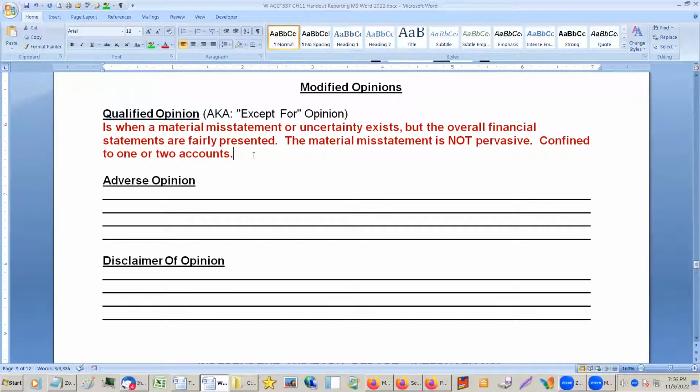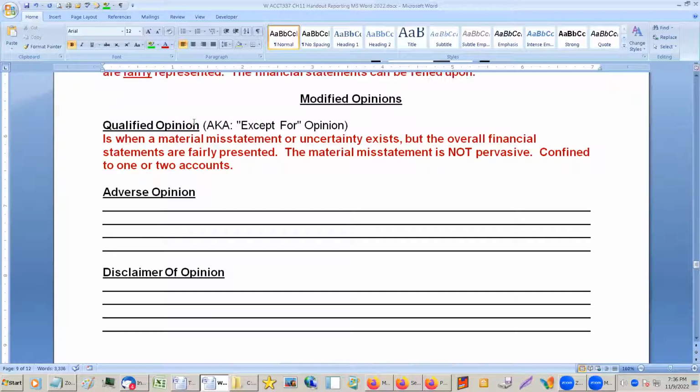These are called except fors, and the except for is a qualifier. The way these reports are written, they say everything is okay, except for. Except for is a qualifier. That's what's qualifying this, saying, okay, everything's okay, except for here's the qualification.